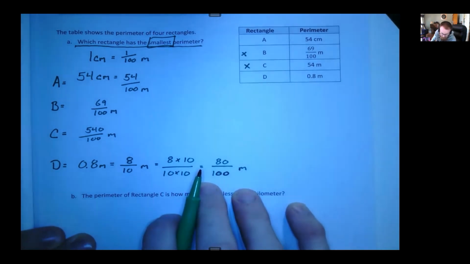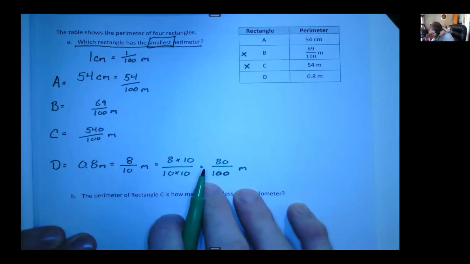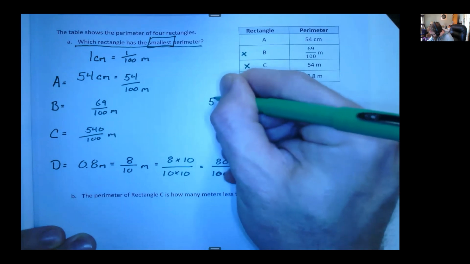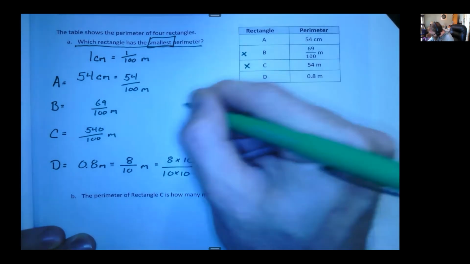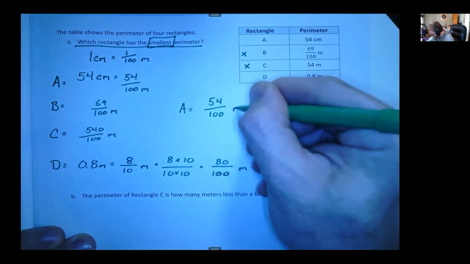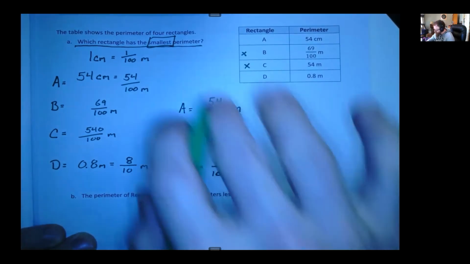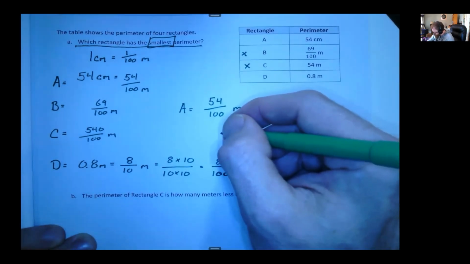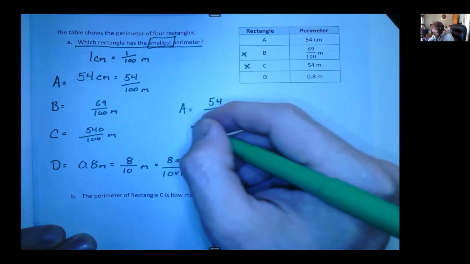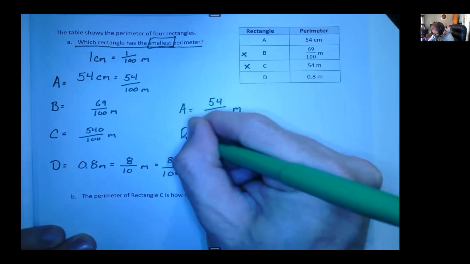And in order to do that, you just identify 54/100ths, rectangle A, as the smallest perimeter. We've written in numbers, and now we can write in words. Rectangle A has the smallest perimeter.